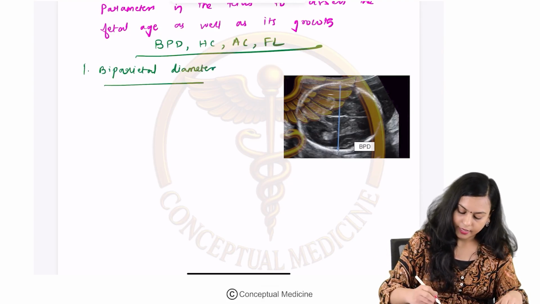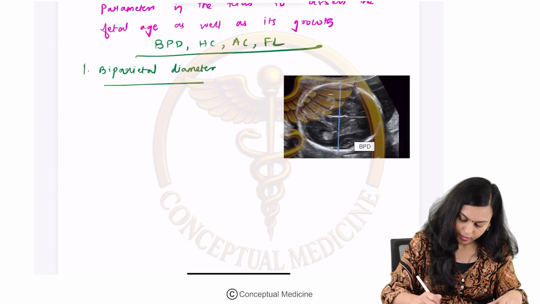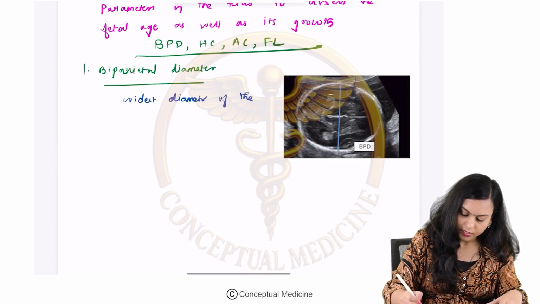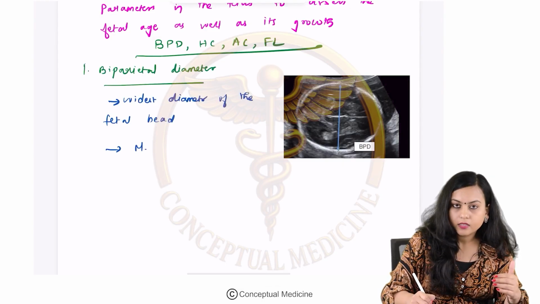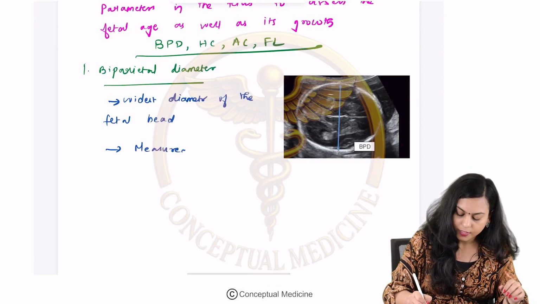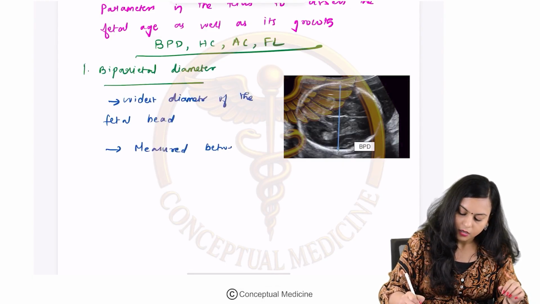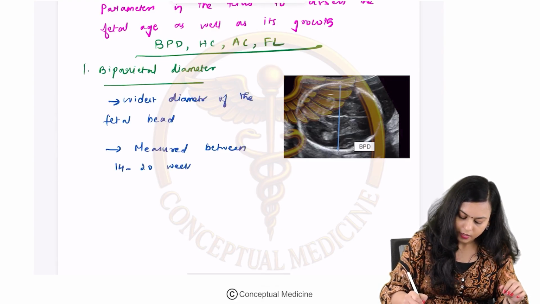See, biparietal diameter is the widest diameter of the fetal head. This is usually measured between 14 to 20 weeks.